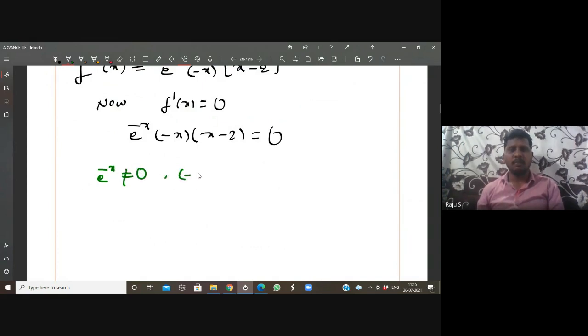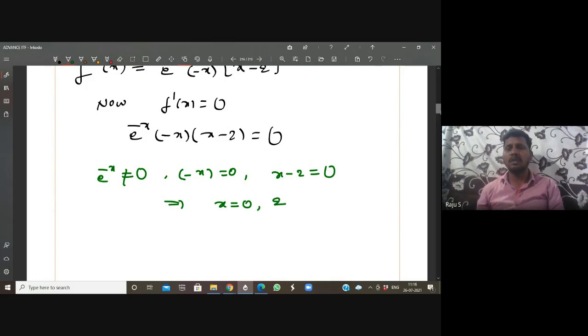Minus x equal to 0 is possible, and x minus 2 also becomes 0. So e to the power of minus x is not equal to 0 for any value of x, but x becomes 0 or x minus 2 becomes 0, which implies x is equal to 0 and 2.